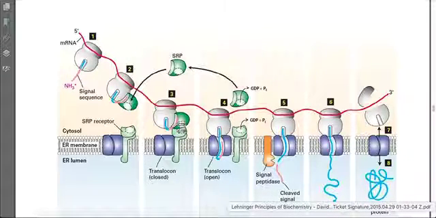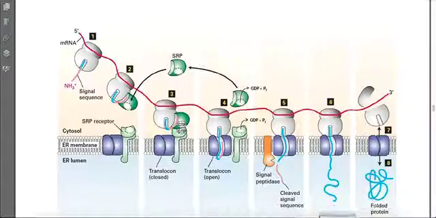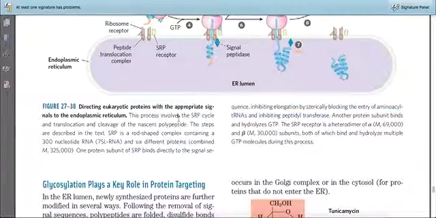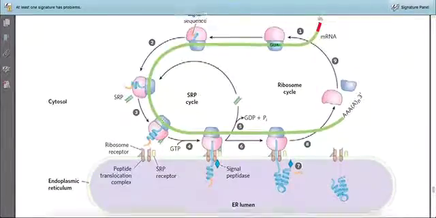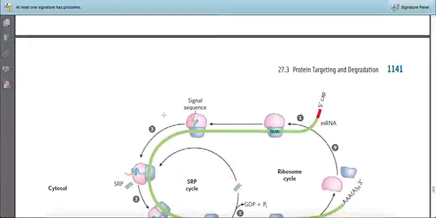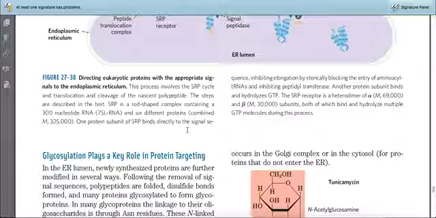To get clarification for this fact, you should consider the figure caption of Lehninger, given on page 1141 in chapter 27, protein targeting and degradation. It is well written in the caption that the SRP is a rod-shaped complex, contains 300 nucleotide RNA, 7SL RNA, and 6 different proteins, molecular weight 325,000.